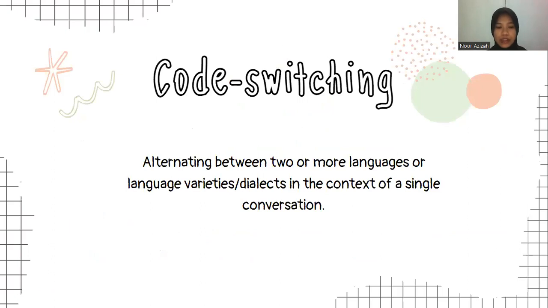The next is about code switching, alternating between two or more languages or language varieties or dialects in the context of a single conversation. An early seminal work on multilingual discourse is Blom and Gumperz's 1972, in which the concepts of situational and metaphorical code switching are introduced.